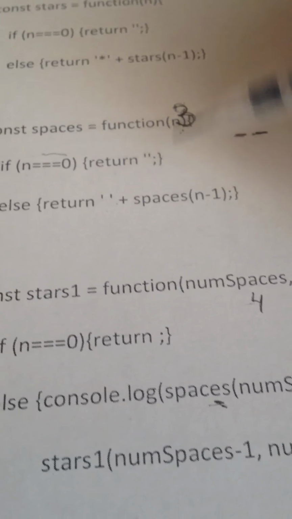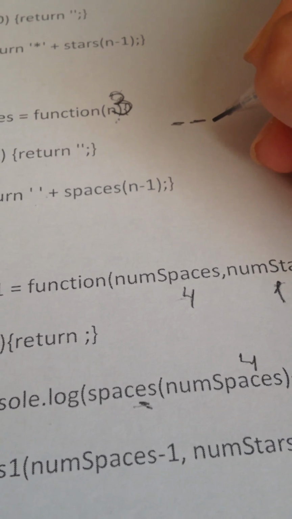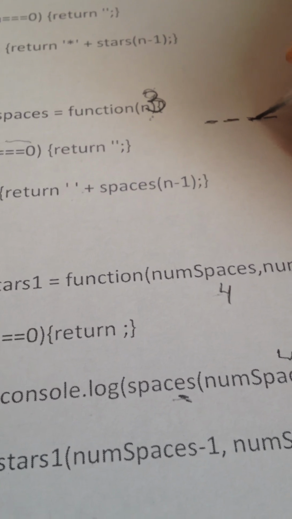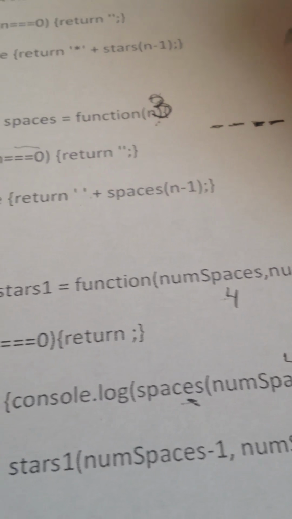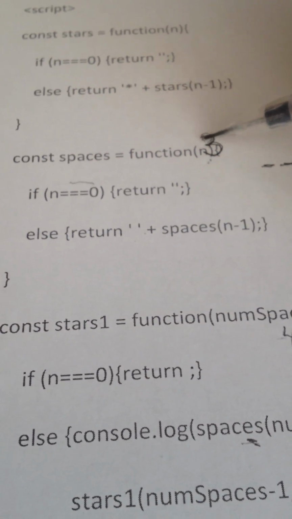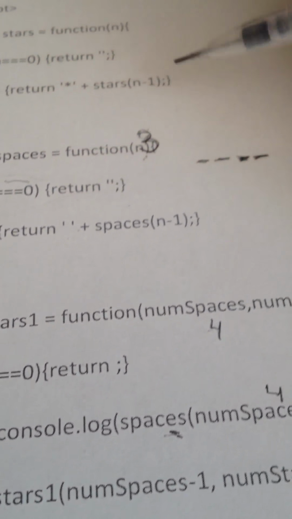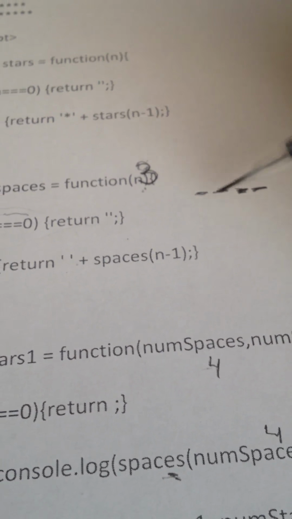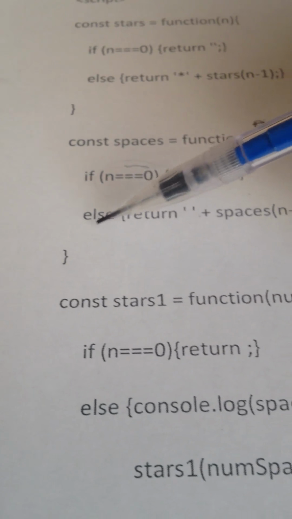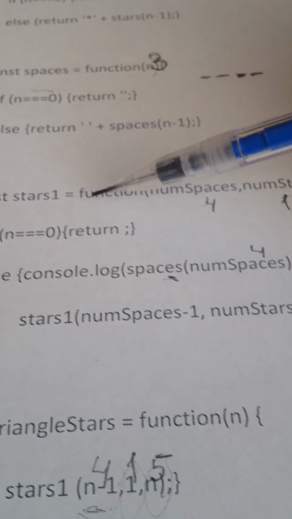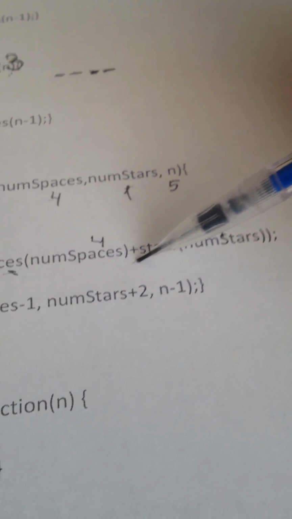So over and over like this, we are going to have 4 spaces in a row until the argument becomes 0 and the function stops operating over here. So here we have 4 spaces in the first line, and whenever the function stops operating over here, the stars1 function is going to concatenate it with the stars.